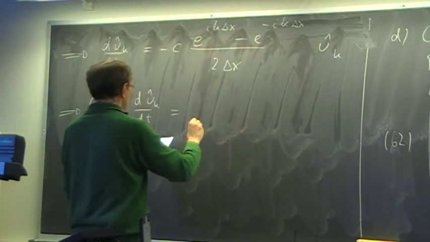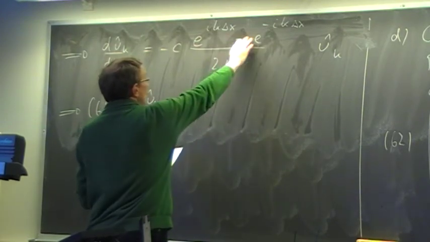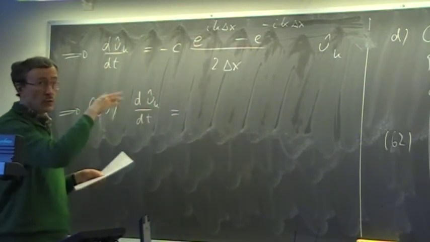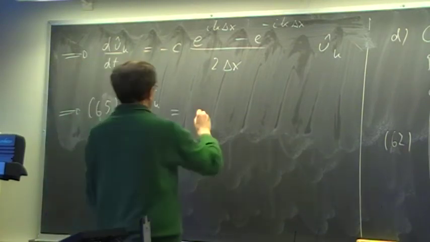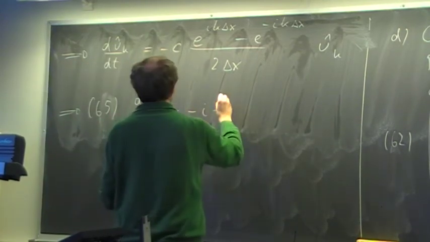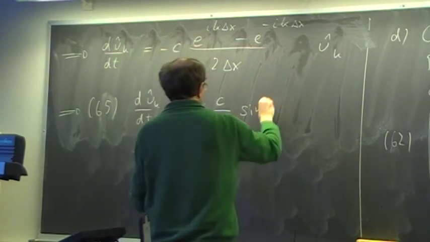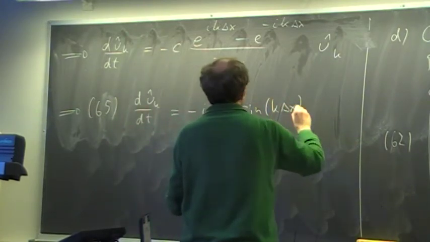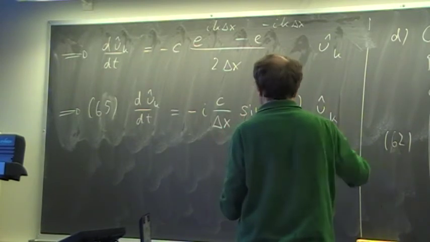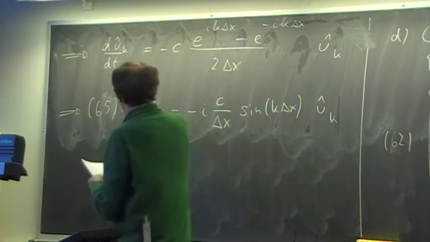And on the right-hand side, we have a 2I sine. The 2 cancels, and we get minus I c divided by delta x, sine of k delta x, u hat k. So that is what we get.